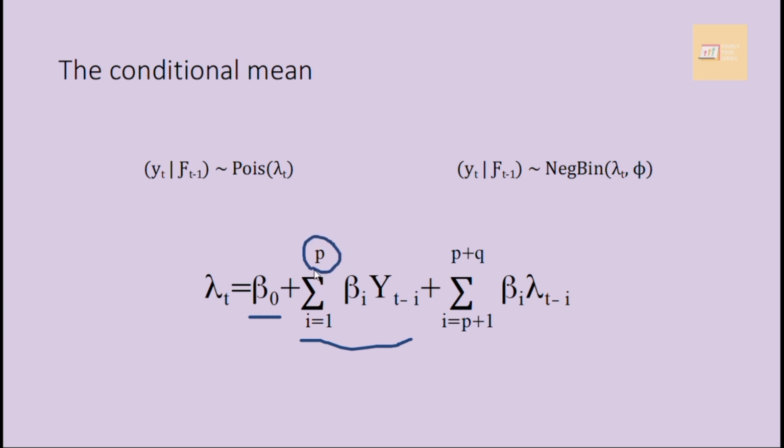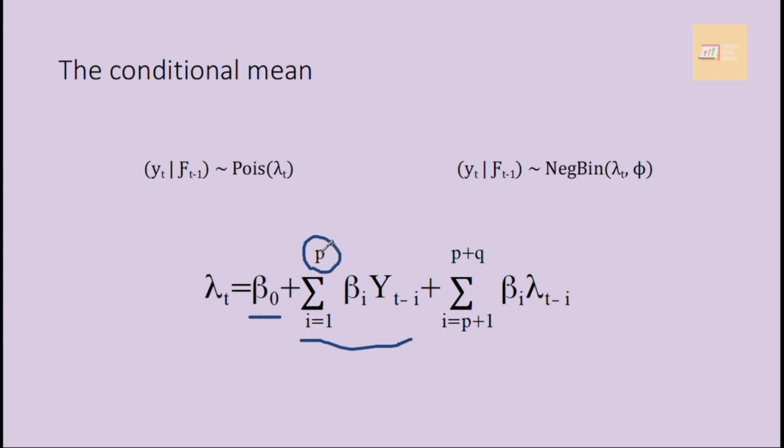P here is the order of the autoregressive part. But in practice, in the coding section later, we will see that it's not going to go from 1 to P. For example, if P is 5, it's not always going to be 1, 2, 3, 4, 5. It's not always the case that we will have 5 parameters just for autoregressive.